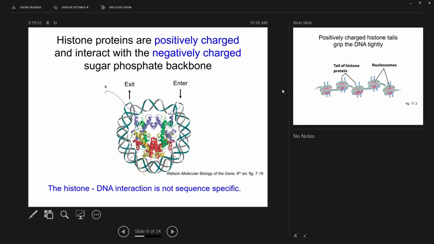So if you can imagine the cylinder of the histone is coming out towards you, and the DNA is wrapping around it like this, going towards you.